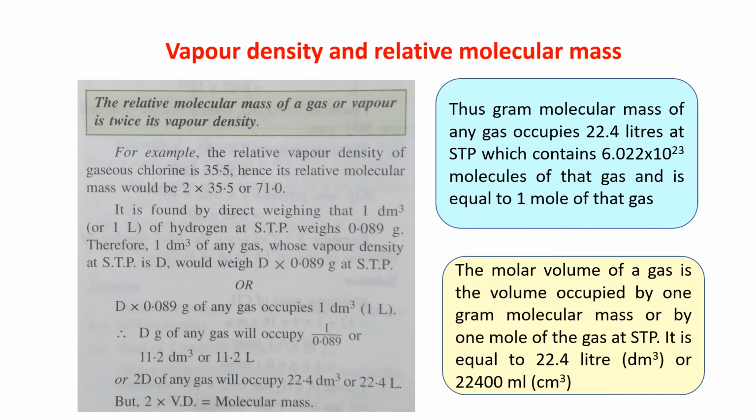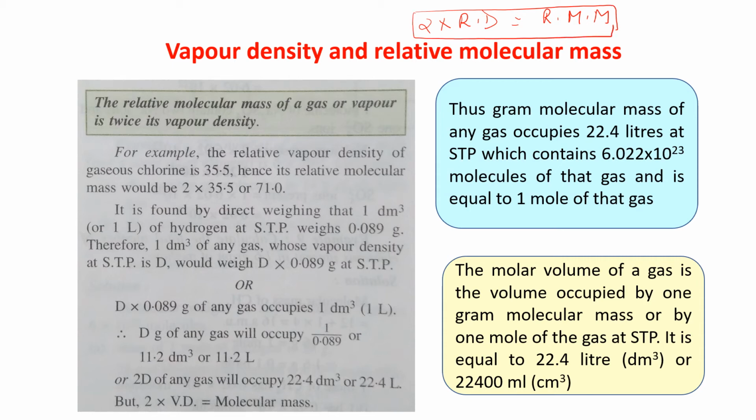Now, the relative molecular mass of a gas or vapor is twice its vapor density. In the last slide we have seen that 2 into relative density is equal to relative molecular mass. So from there, this line is written.